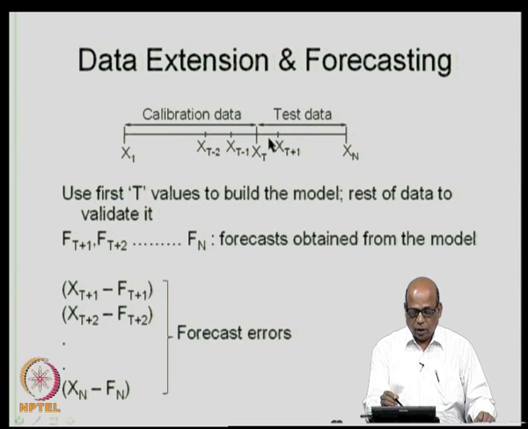Use the model so calibrated first to forecast the flow during time period t plus 1, if we are talking about flow forecasting model. So, we get a forecast, we denote it as f t plus 1, but we also have the observed data for time period t plus 1. So, the error will be x t plus 1 minus f t plus 1. It should have been actually x t plus 1, but we have forecasted f t plus 1.